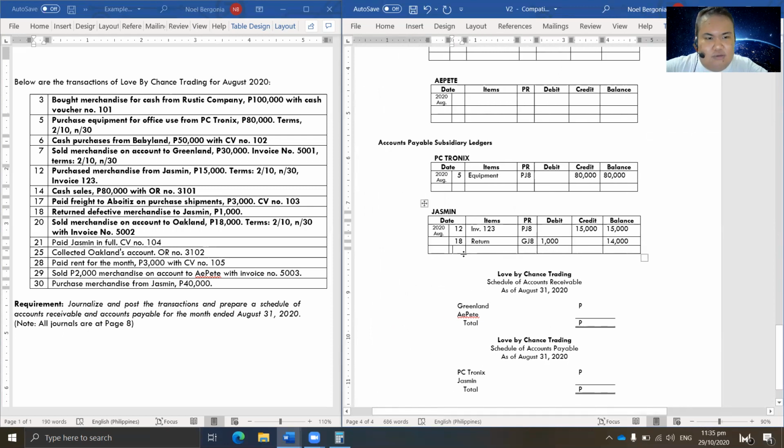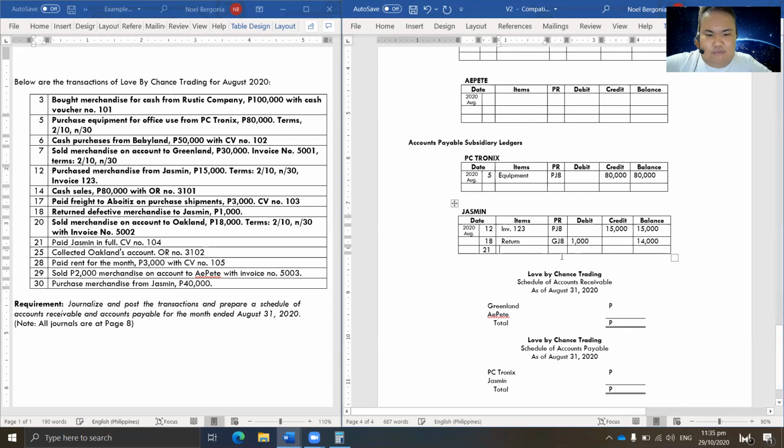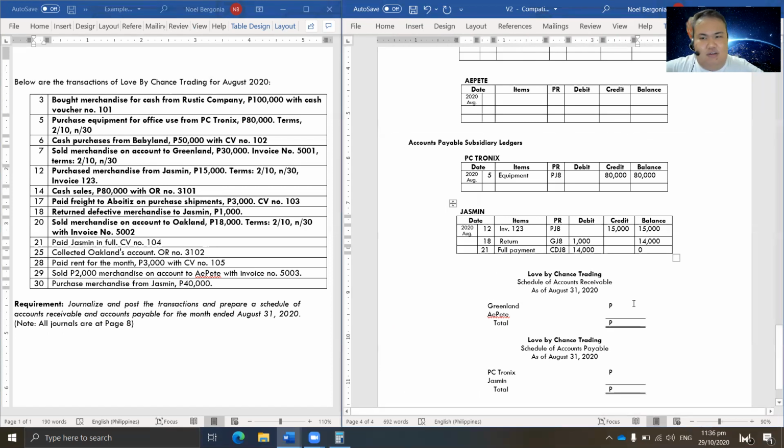Ayun. Okay, so on the 21st, we have already the full payment. Magkano nga yung, saan nga ba galing? Cash Disbursements Journal, page number 8. Hindi po ba? Okay. Anong ginawa natin sa accounts payable? Dinebit natin. Magkano? 14,000. So what does it mean? Wala na tayong utang kay Jasmine. Very good.